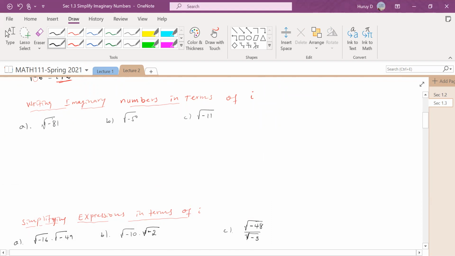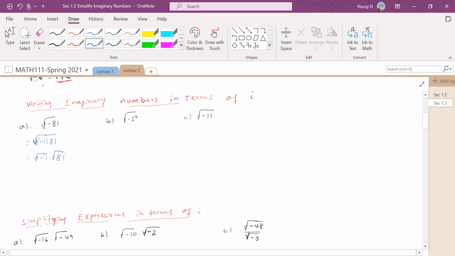Now let's write this one in terms of i. Let's write this as -1 times 81. Then this is the square root of -1 times the square root of 81.